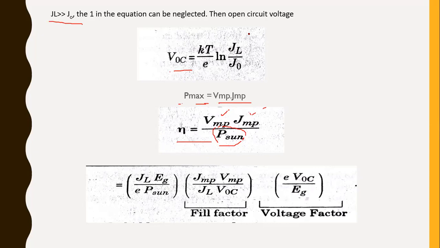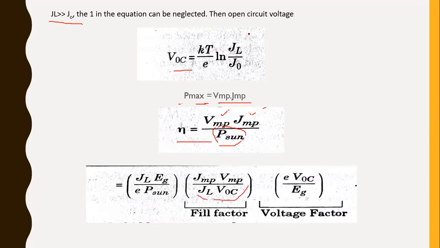Thus efficiency is equal to VMP into JMP divided by P sun. We can substitute the values: JMP VMP by JL VOC, and E into VOC by EG.